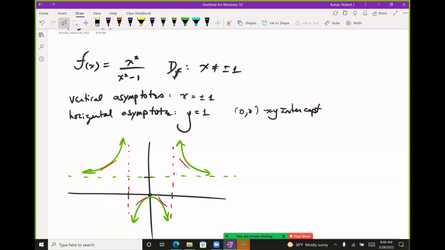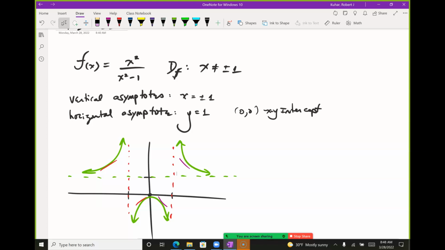If you think about it, x squared over x squared minus 1 is always bigger than 1 if I pick a number bigger than 1. Right? 5 over 4, 6 over 5, 7 over 6. It's always bigger than 1. Same thing with the negatives because I'm squaring it. So less than -1.